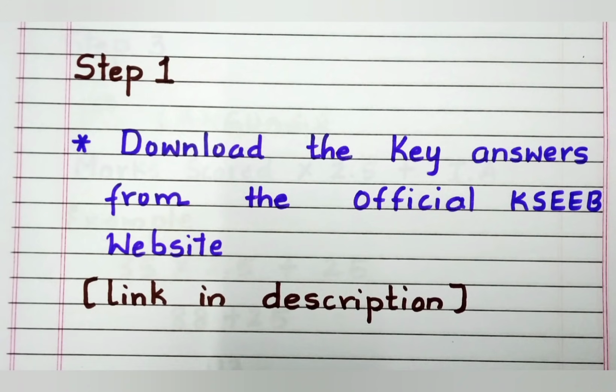Now the step 1: download the official subject wise key answers from the KSEEB website. The link I have provided in the description. By using the link, download the first language, second language, third language, mathematics, science and social science key answers.